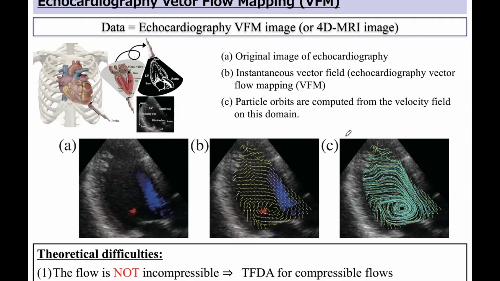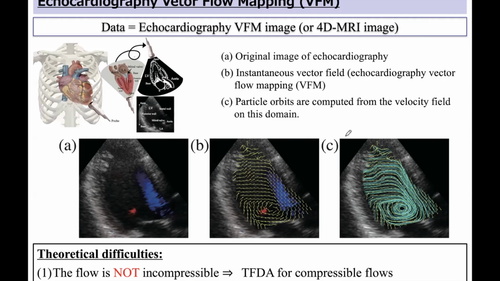Another problem is very characteristic of heart flow: the boundary is constantly moving. That generates a transverse boundary condition at the wall of the left ventricle. This boundary condition is a very unusual situation that we cannot consider in the original TFDA theory.